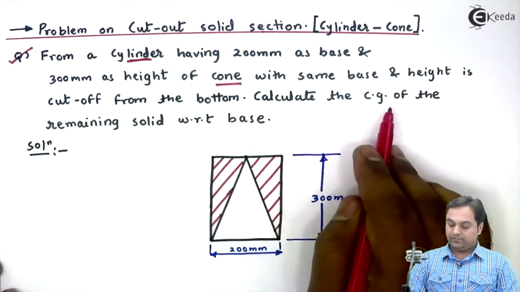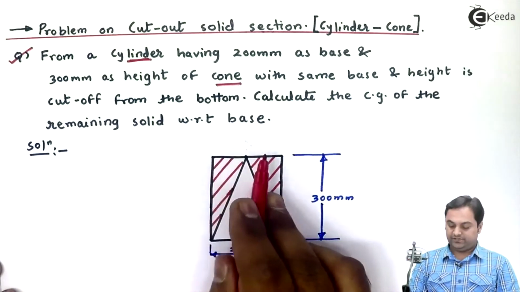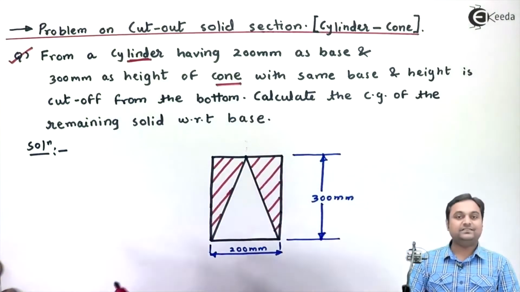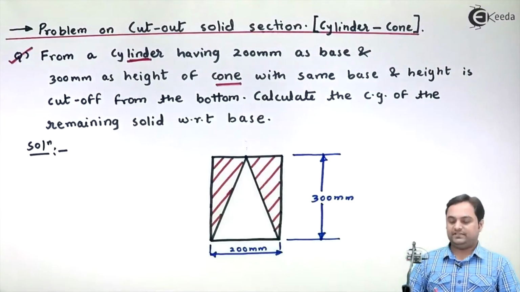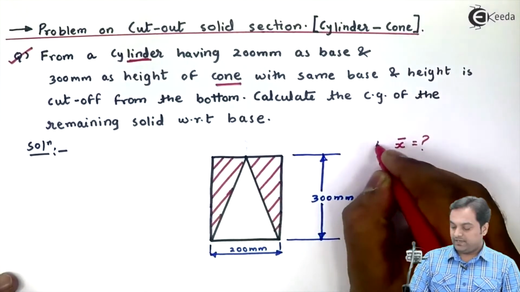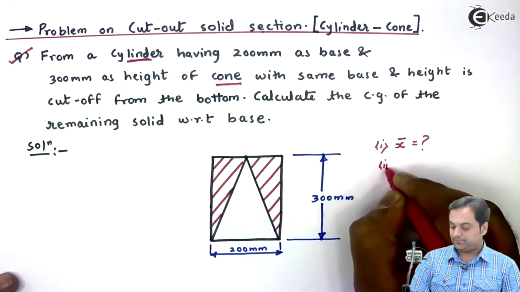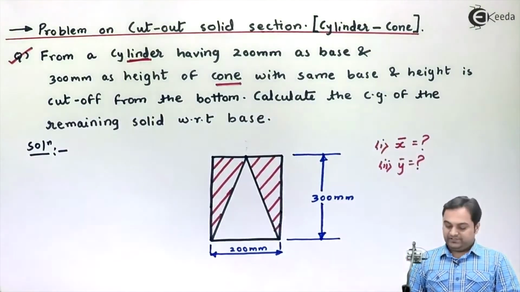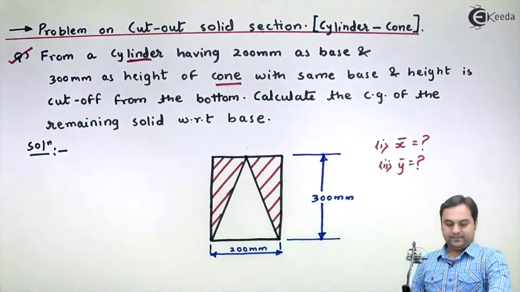Now we have to calculate the CG of the remaining solid with respect to base. So the section which remains, we have to find the center of gravity of that section. In other words, I have to calculate X bar and Y bar. So let us try to solve this problem.